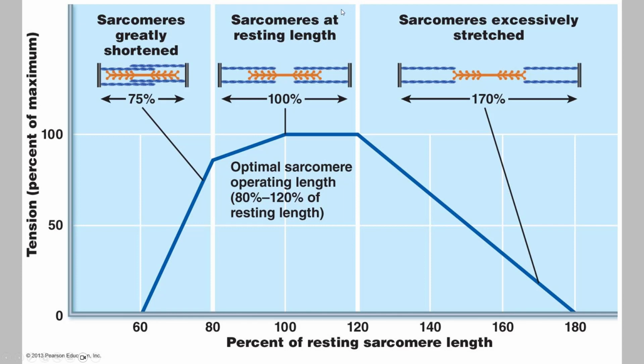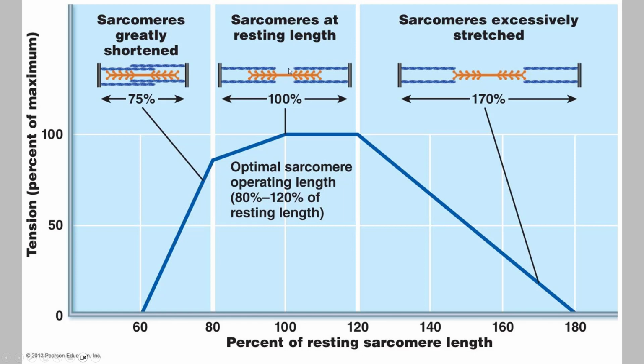And up at the top, we've got unstretched muscle, unstretched sarcomeres, moderately stretched muscles or sarcomeres, and excessively stretched or overstretched muscles or sarcomeres. Which one will give the greatest contractile strength and why? Well, the slightly stretched will.